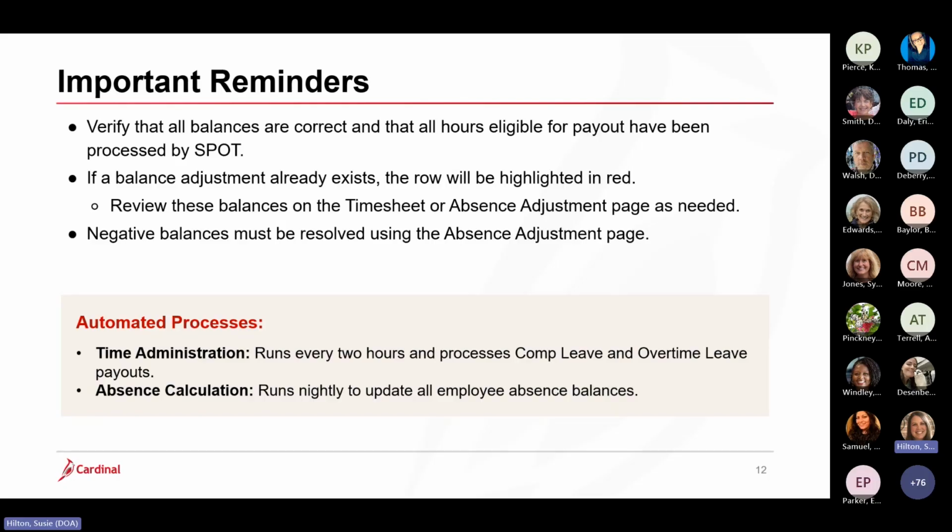So if the employee was paid out for their vacation hours when they left their position, and then in 6 months or a year, they are rehired at the same agency, because it's using the same info record, they may have access to those balances that are not zeroed out. So it's very important that you are zeroing out absence balances for employees that have termed.